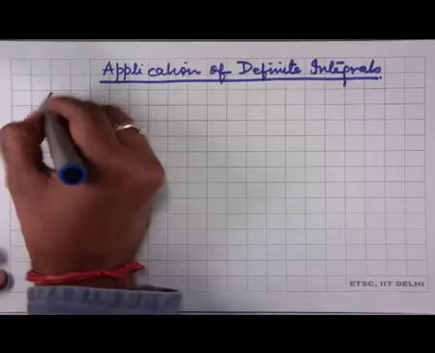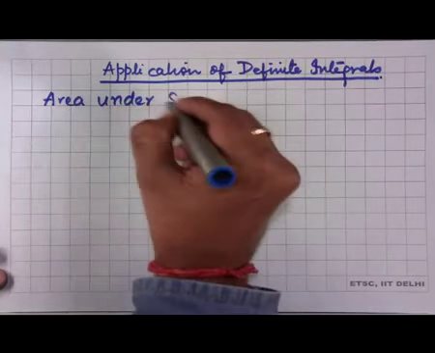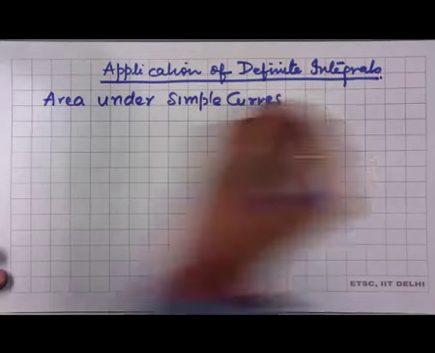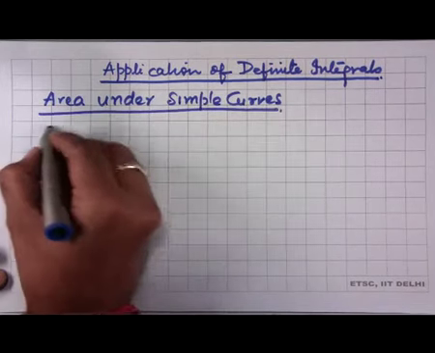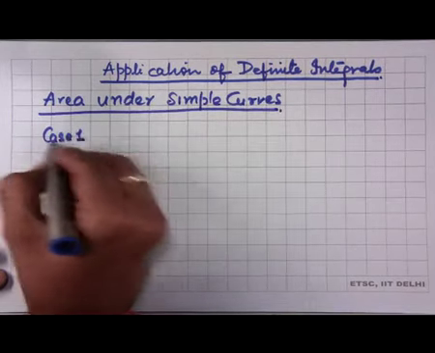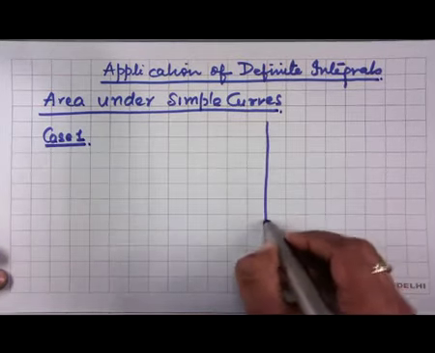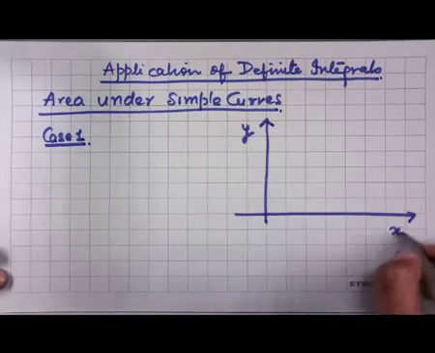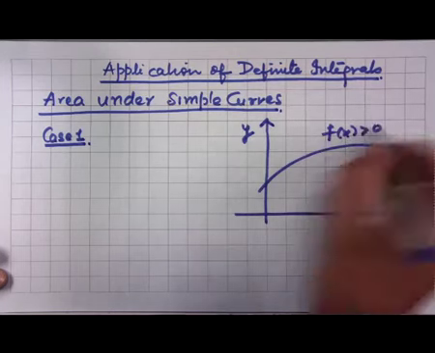Let us take area under simple curves. Case 1. So assume that this is your y axis, this is x axis, and this is some function f(x) which is always positive.